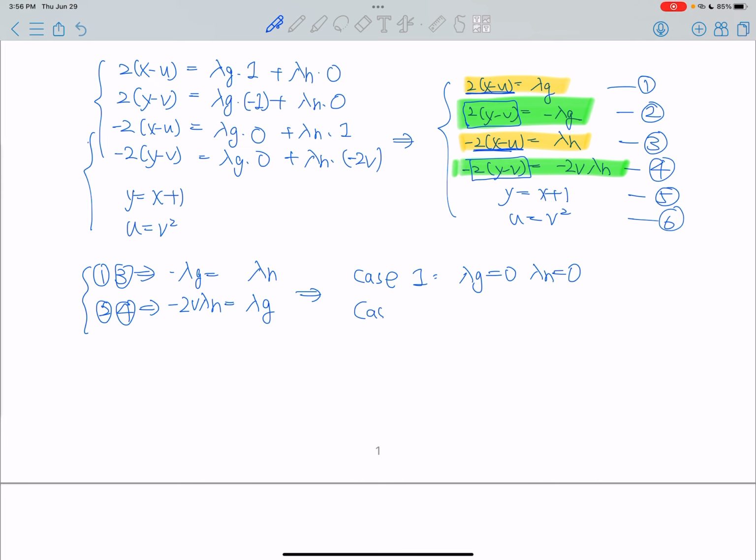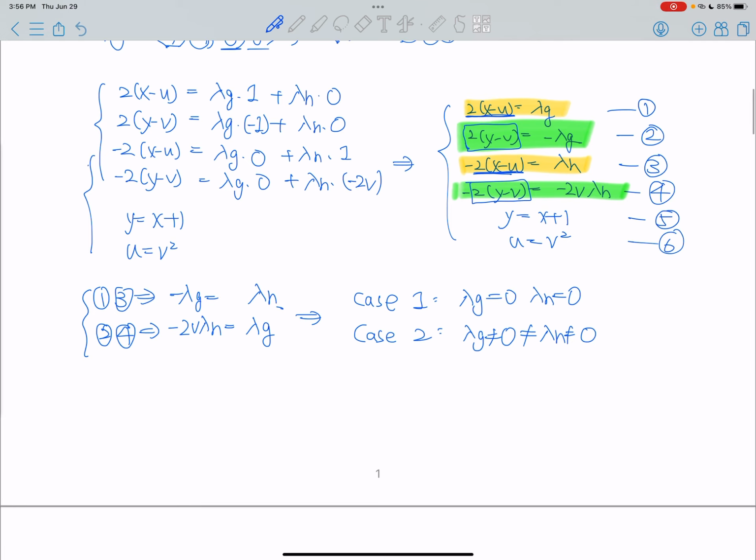And for the second case, if one of them is not 0, like if lambda g is not 0, then according to this, we have lambda h is not 0. And also, since lambda h equals negative lambda g and they are both not 0, we have lambda g not equal to lambda h. So these are the only 2 possible cases for the solutions.